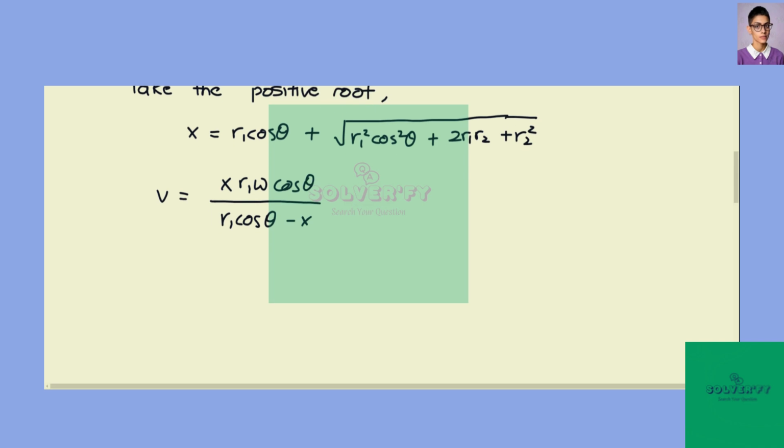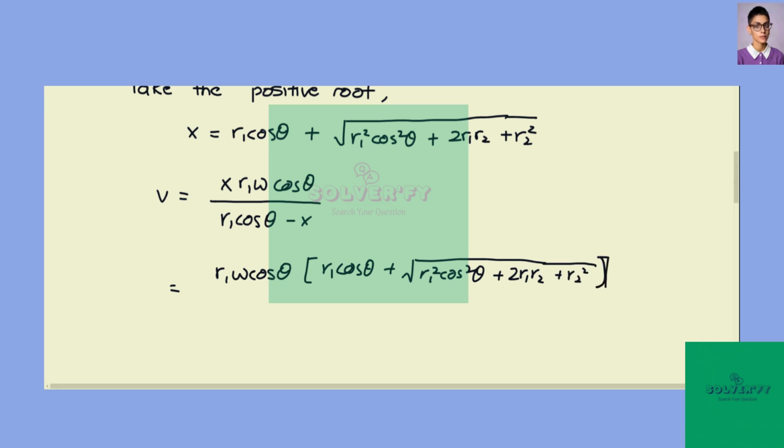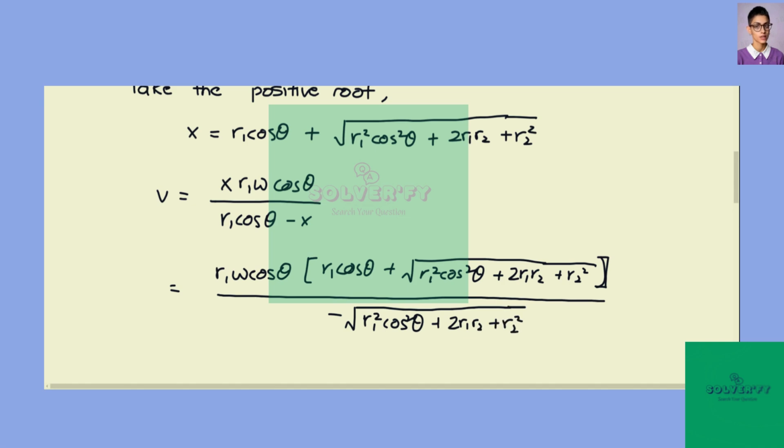So when you put x inside, you have R1 omega cosine theta times the quantity R1 cosine theta plus the square root of R1 squared cosine squared theta plus 2 R1 R2 plus R2 squared, divided by the negative square root of R1 squared cosine squared theta plus 2 R1 R2 plus R2 squared.